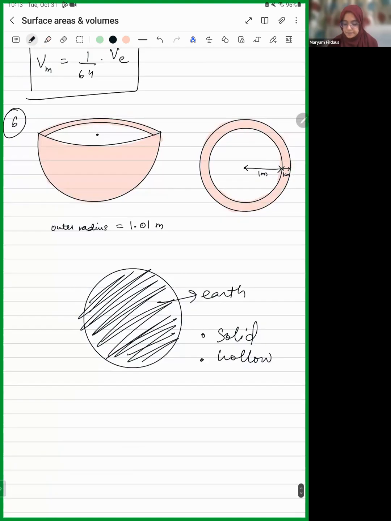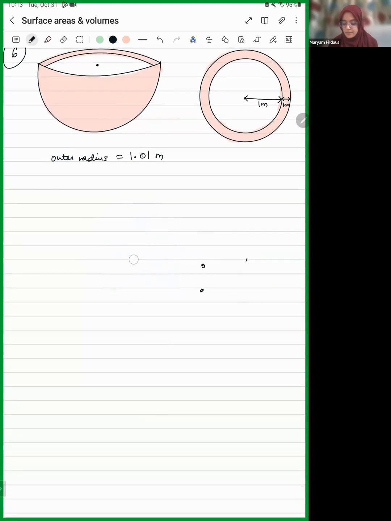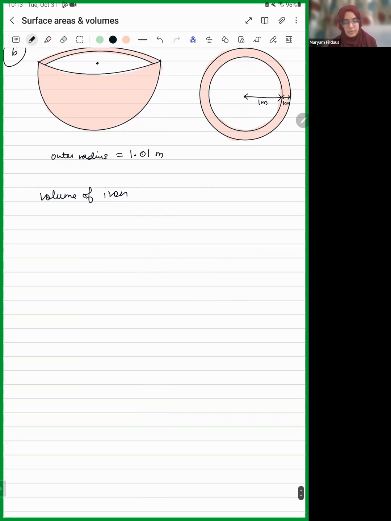All right, so let's find the volume of this. We have to find the volume of the iron required to make the pink portion, which is equal to the volume of the outer hemisphere minus the volume of the inner hemisphere. Very good.